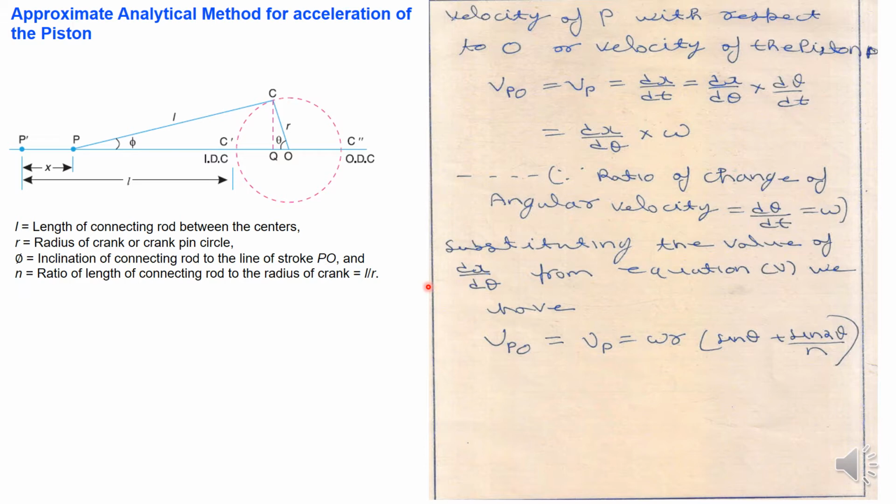Further, let OC be the crank and PC the connecting rod. Let the crank rotate with angular velocity omega radian per second, and the crank turns through an angle theta from the inner dead center.